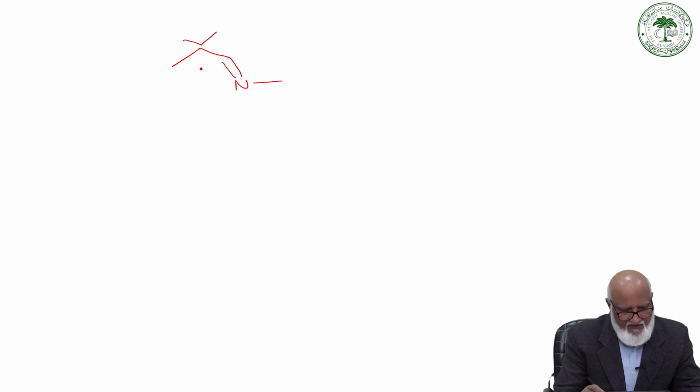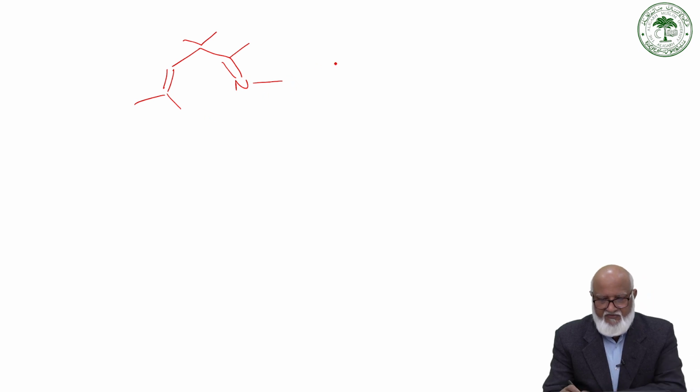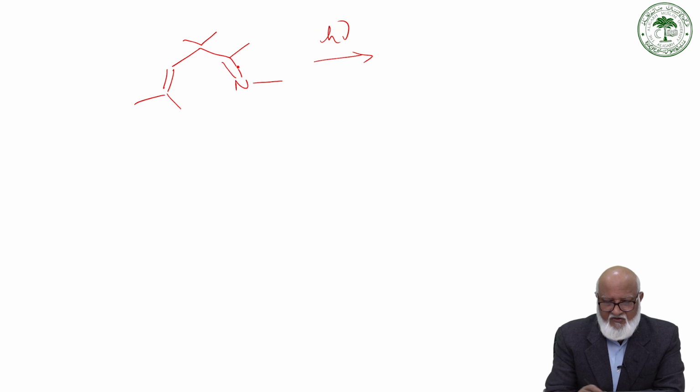Again we have a double bond here, and then a different substituent. As usual, in the presence of light, we have two pi bonds separated by a methylene group, one pi bond and another pi bond separated by a methylene group.